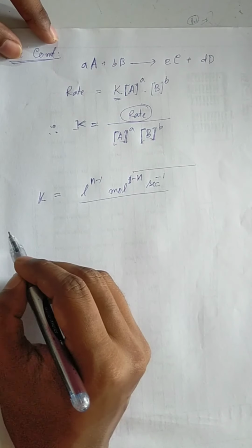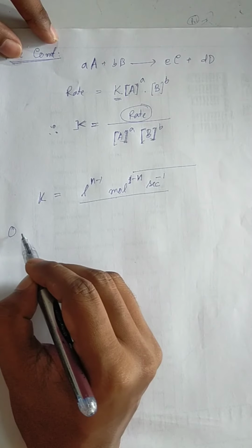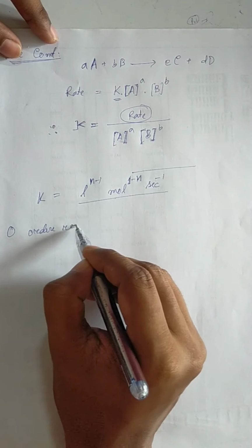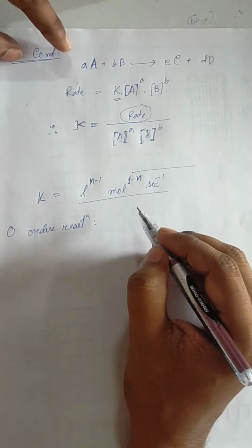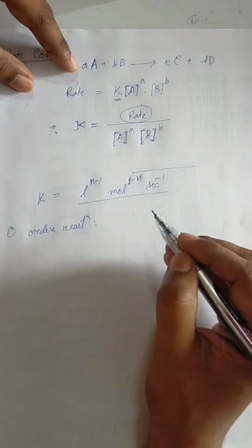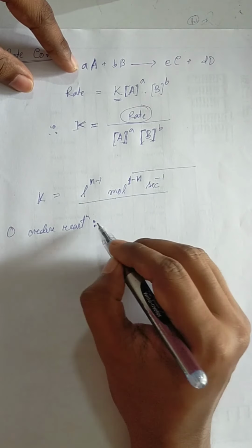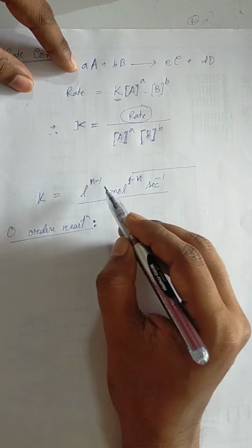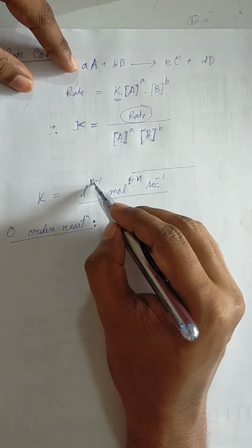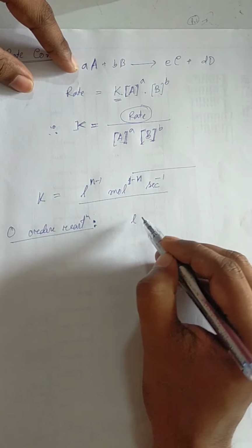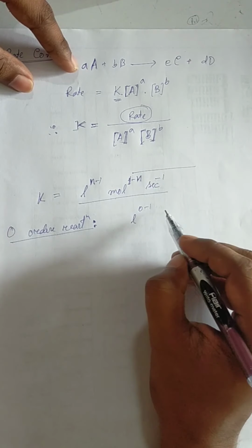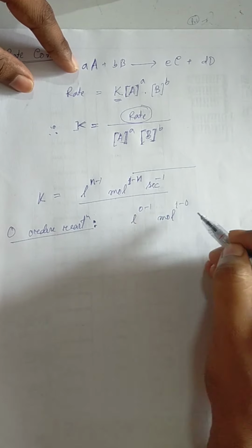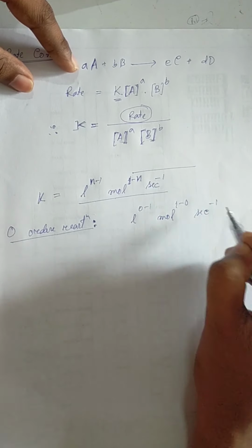So if this is a zero order reaction, then we put n = 0 here, so L^(0-1) mole^(1-0) second inverse.